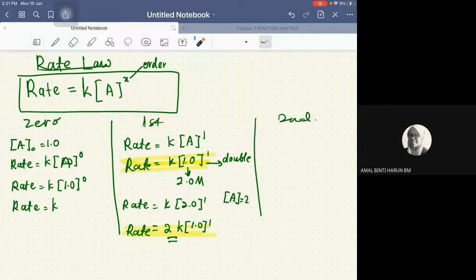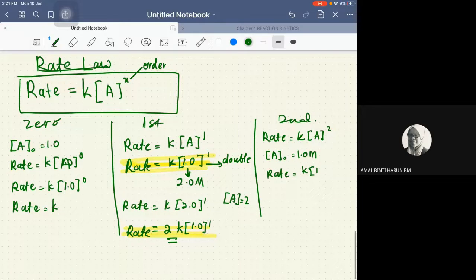Tapi kalau second order, rate equal to K A power of 2 and the concentration of A initial is 1 molar. Now rate equal to K power of 2.